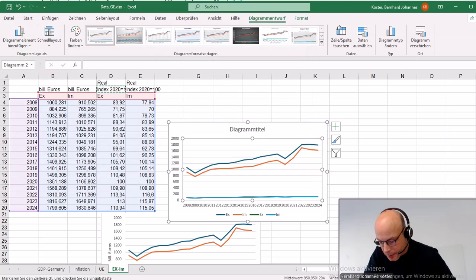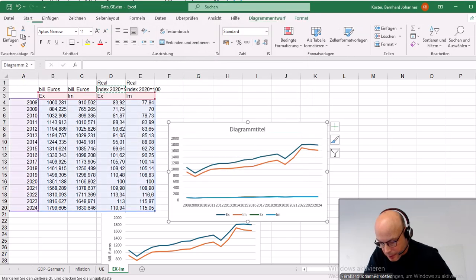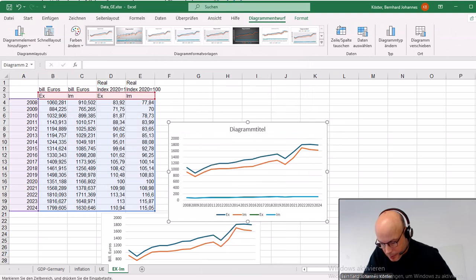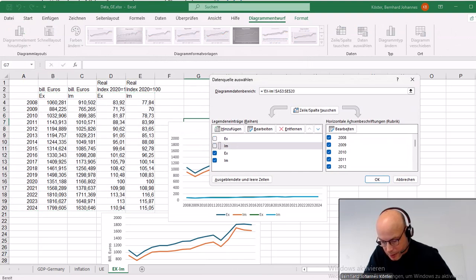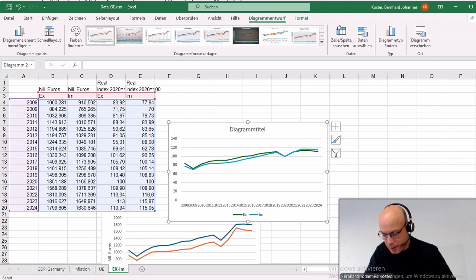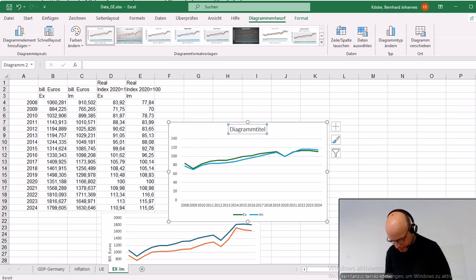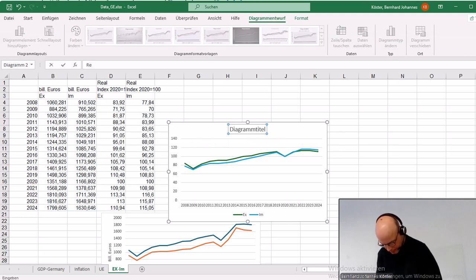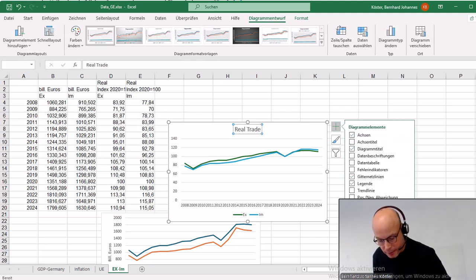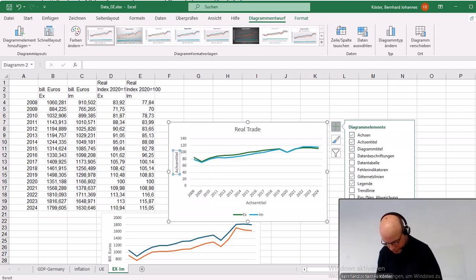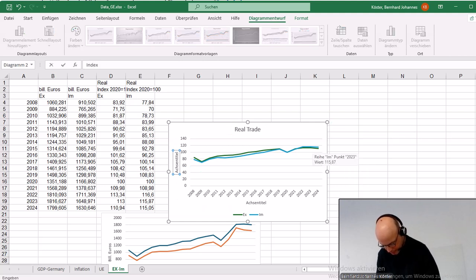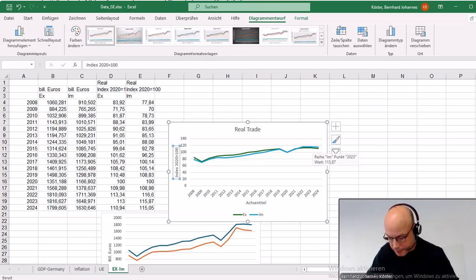Data, these two we don't want, and this is now the development of real trade, and what is shown, the index 2020 equals 100.